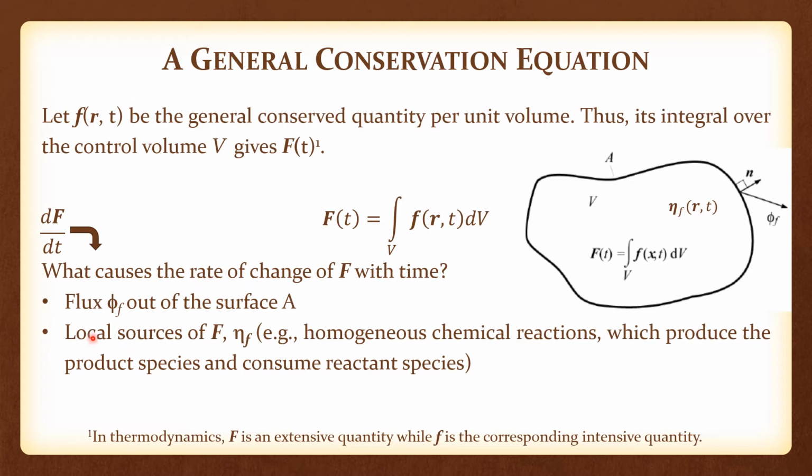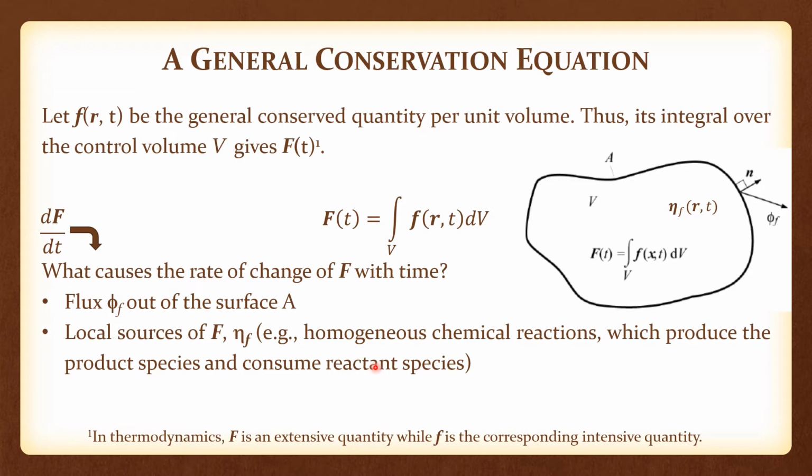Now additionally, you can have local sources of F, which are sources or sinks from within. For example, homogeneous chemical reactions which produce product species and consume reactant species. These homogeneous chemical reactions are sources for product species and sinks for the reactant species.